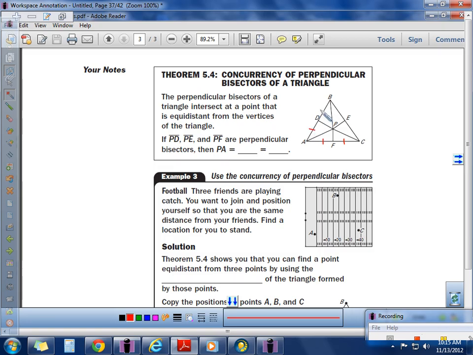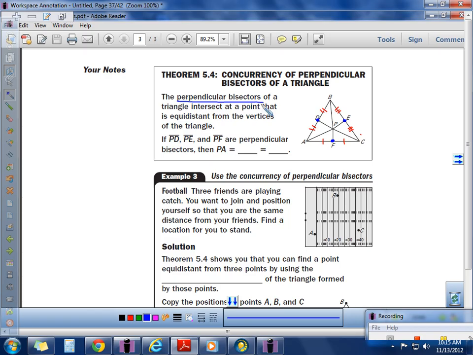BA and DA, so I'll put doubles there. BE, EC. Okay. There's a little bit more. Here's where people start getting confused. Those are midpoints. These are all midpoints. That's why those occur. But it does tell us we do have a perpendicular bisector.